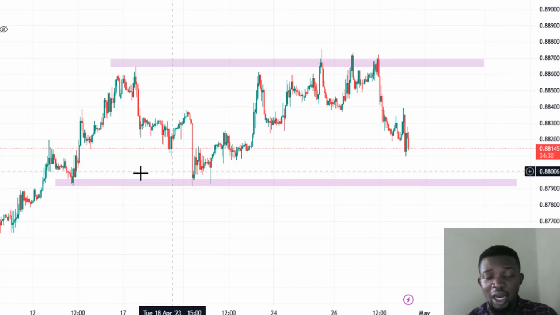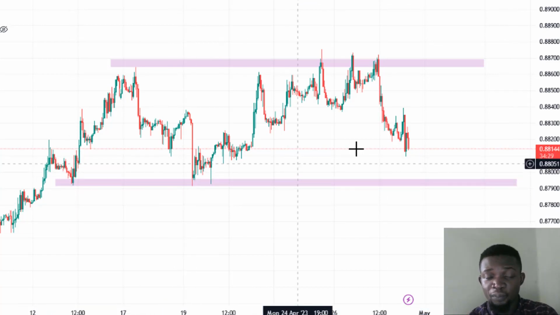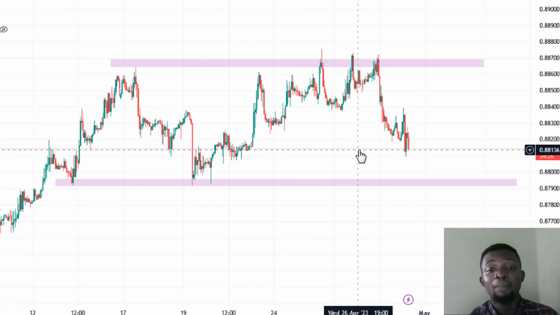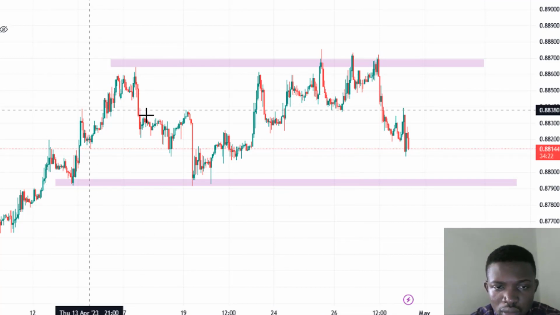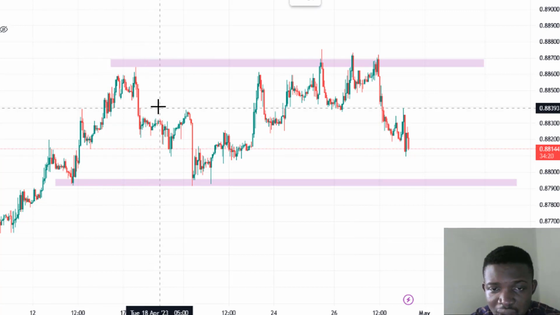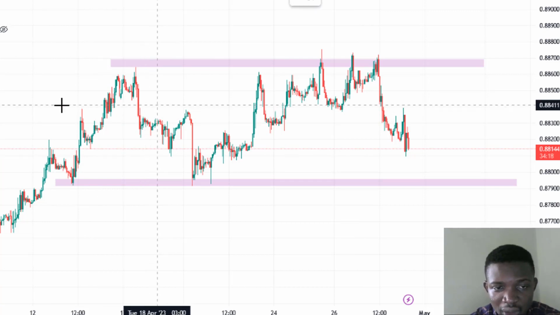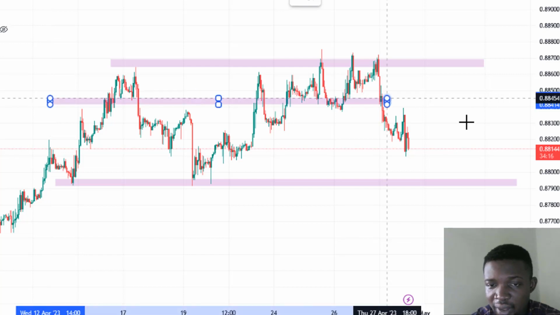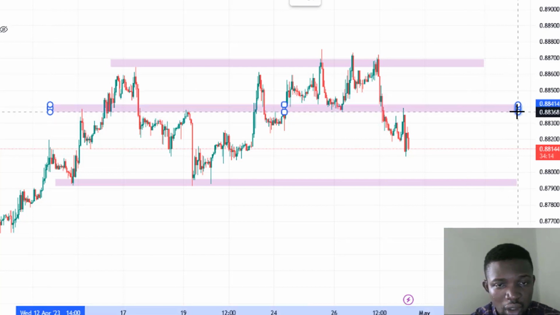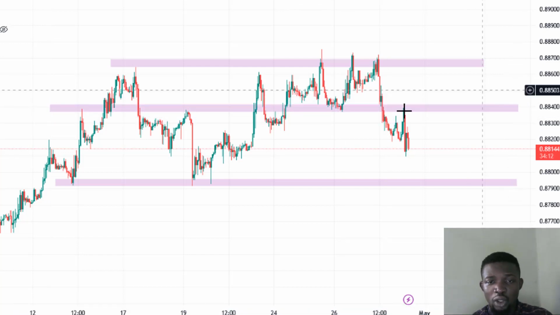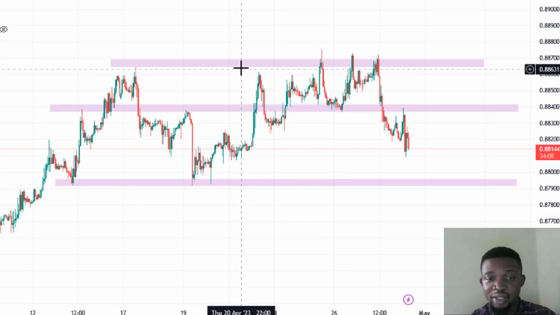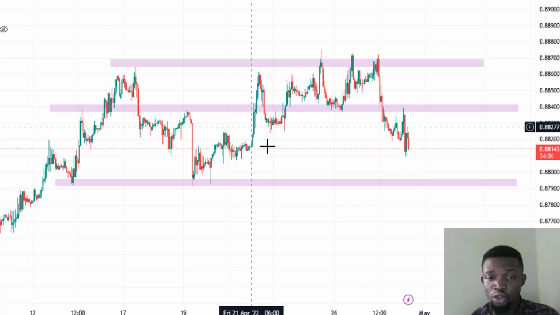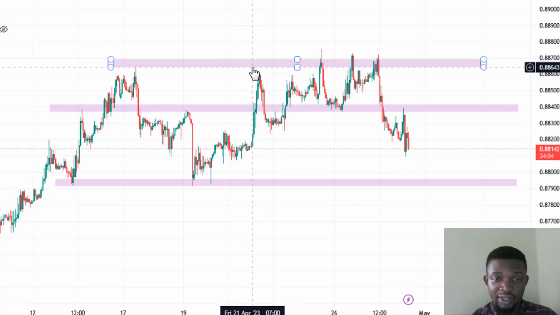Now good, I have my support also closer to the current price, and also I think I have another level here. Yeah, I think I can find a level here actually. I think this level is going to suit the resistance more than this, because it's a bit closer to the current price than this.